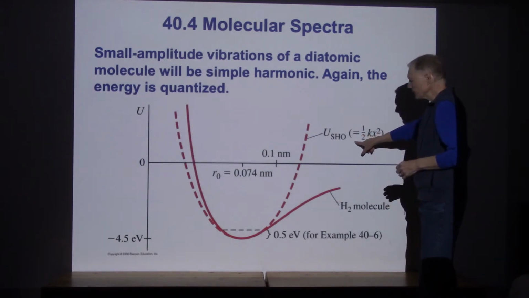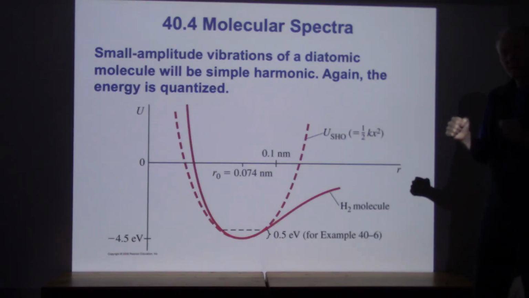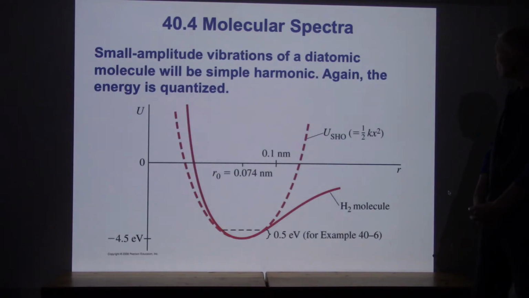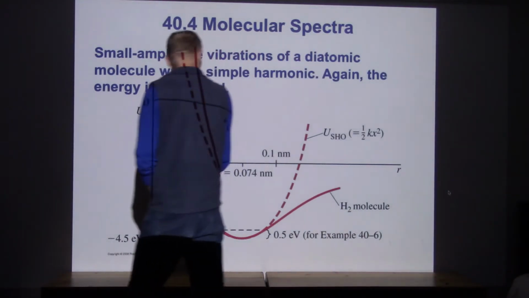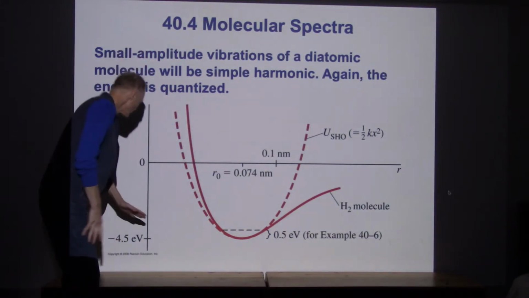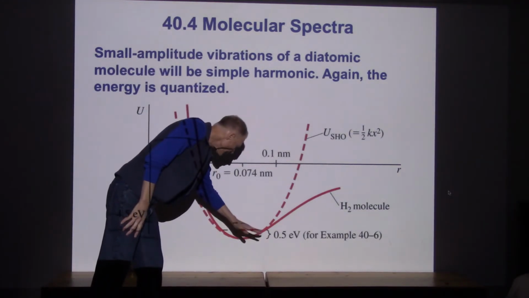And now what we're saying is if we look at the vibrational energies of these atoms, or these nuclei, moving back and forth in a molecule, we can approximate that also as 1/2 kx squared. Now what they've got drawn down here is that the lowest possible quantum state is not going to be at that very lowest position.